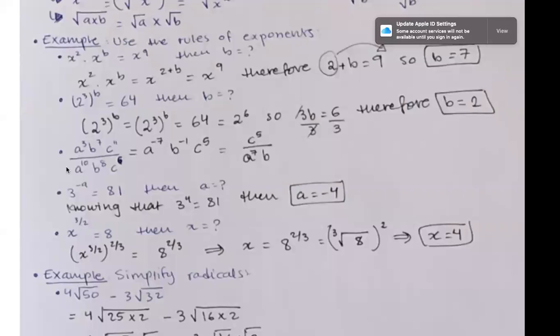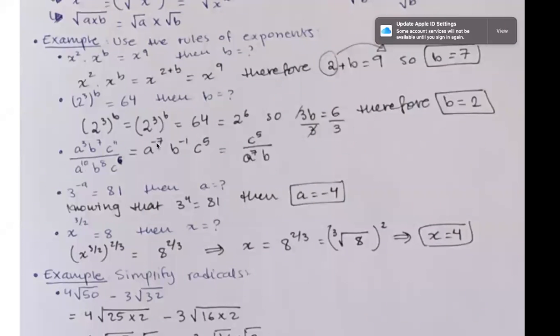You have this term divided by this term. In this case, we know that if we have 3 a's in the top and 10 a's in the bottom, that leaves us with 7 a's in the bottom. So a to the power of 7, it becomes 1 over a to the power of 7.